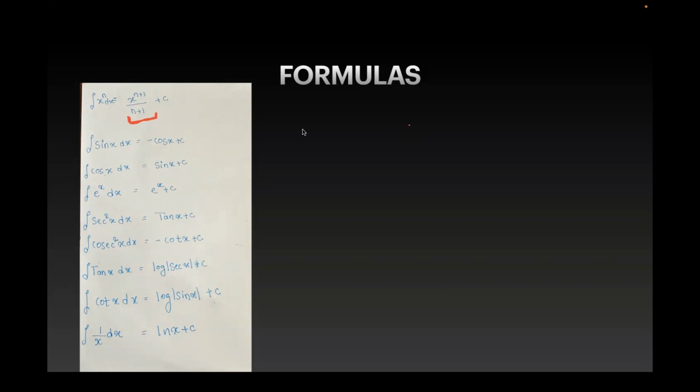We'll see. Now, let us differentiate x power n plus 1 divided by n plus 1, plus some c. c is some constant we can have. I will explain the purpose of this c also. First, what we'll do is differentiate this. Bring this power down. 1 by n plus 1 is a constant, take it outside.